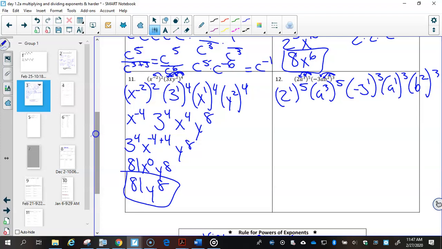Multiply your exponents. 1 times 5 is 5. 3 times 5 is 15. 1 times 3 is 3.